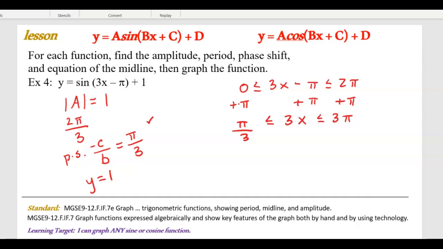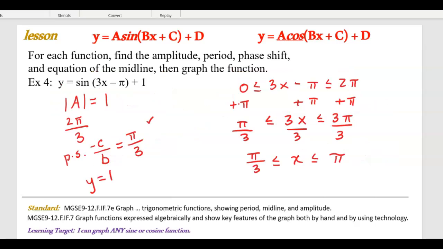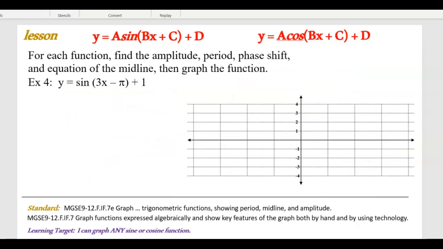All right, divide by 3. Same numbers from a minute ago. Pi over 3, x, and pi. So the nice thing about this graph is I'm going to dive straight in, not getting bogged down in finding those points just because we did that a minute ago.